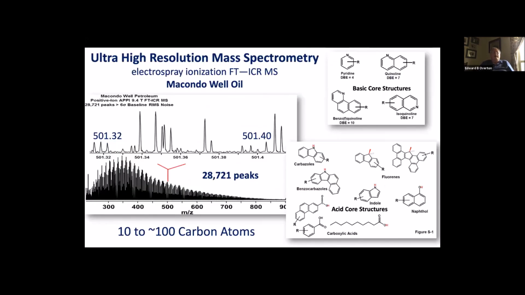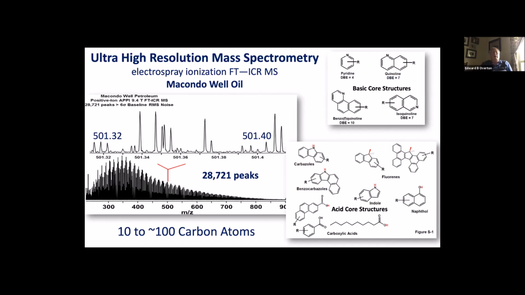And finally, what we used in the Deepwater Horizon really for the first time was ultra high resolution mass spectrometry. These instruments cost $1 million and up. They're very expensive. They're called Fourier transform ICR mass spectrometry, so FT-ICR MS, and you've got to get the oil into the mass spectrometer.